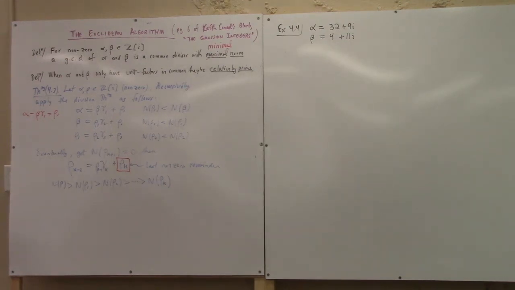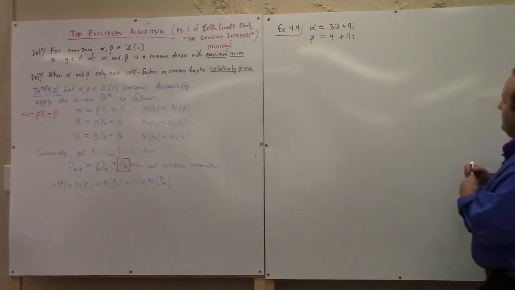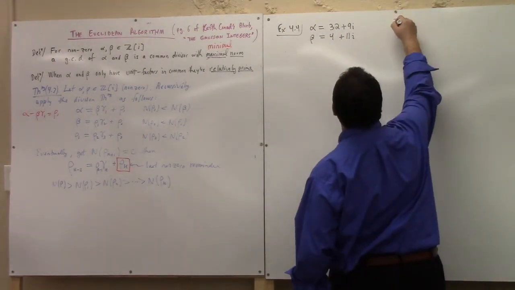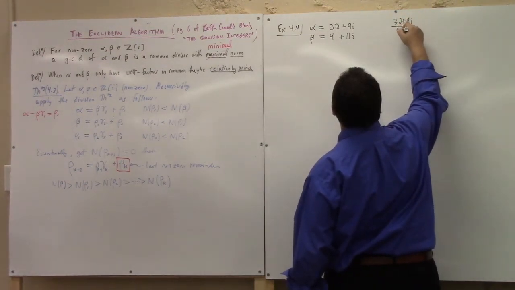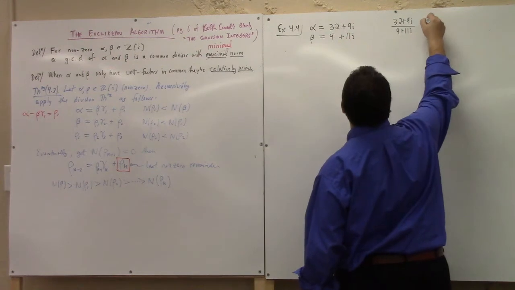I want the decimal approximation. Fine, so I got 1.65, and so on, plus 2.30i.